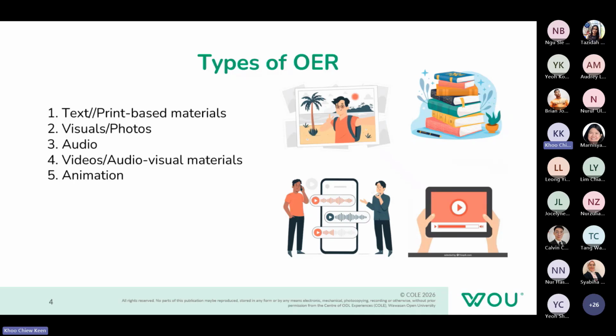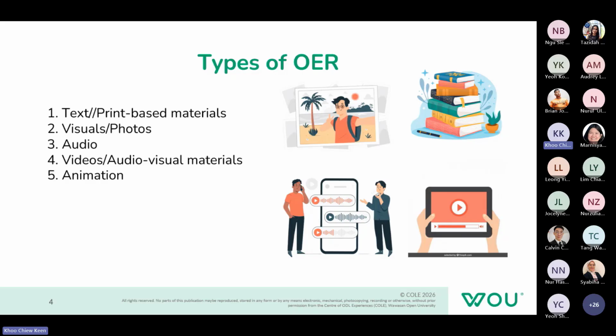You need to read through the specific terms and conditions in the details section of a particular video, visual, photo, or text-based material in order to find out how to use the particular resource in your learning content.